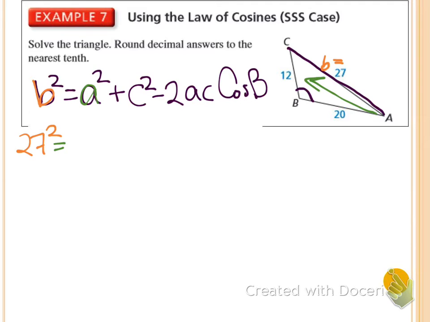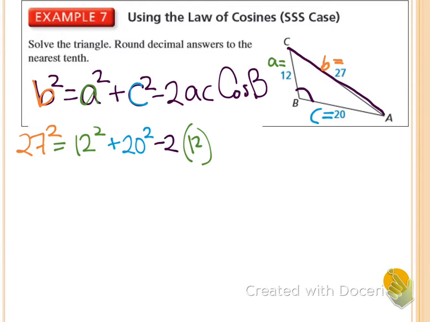A is across from angle A, so A is 12. And C is 20. So minus 2 times 12 times 20, and then cosine of B.